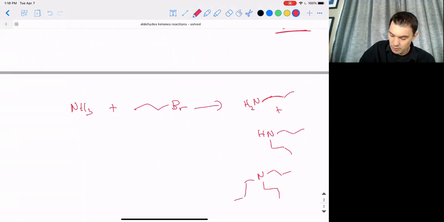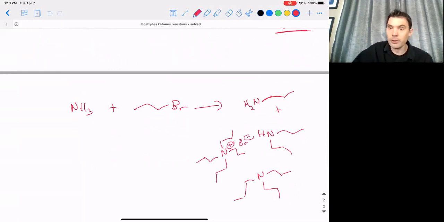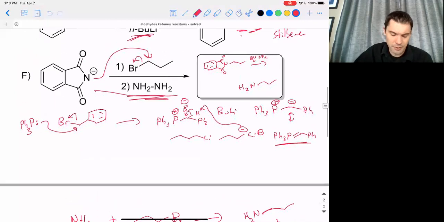And lastly, you can also end up with the tetrasubstituted ammonium salt. And so remember, alkylating primary amines is often quite problematic. Either primary amines or ammonia itself have this issue of overalkylation. And so the Gabriel synthesis is one of our classic solutions to that problem.